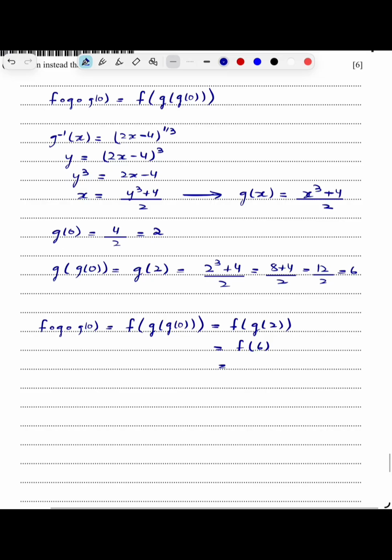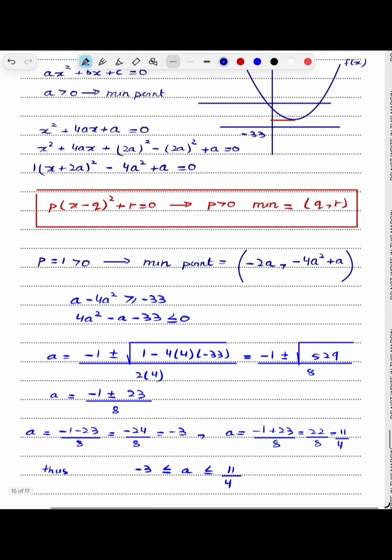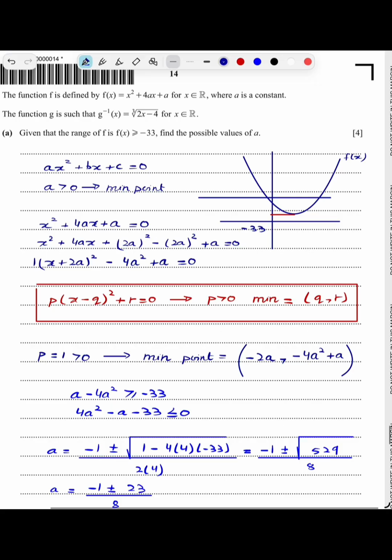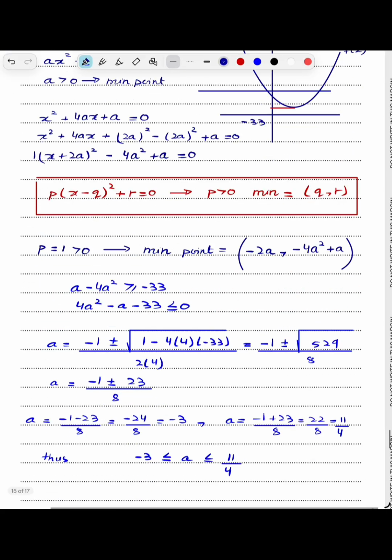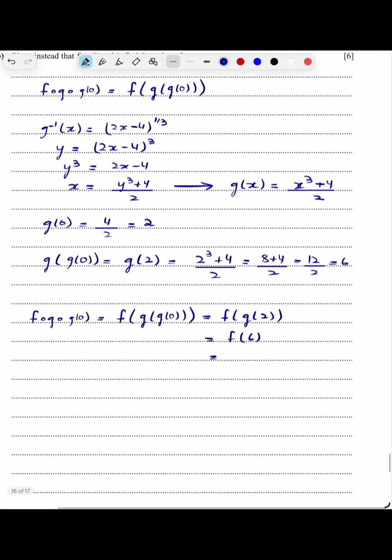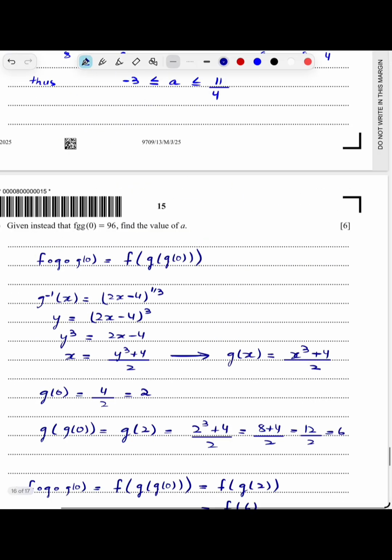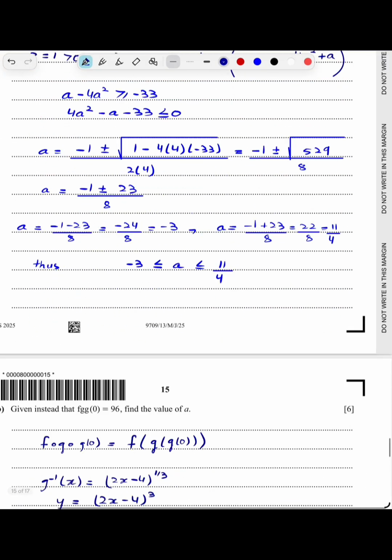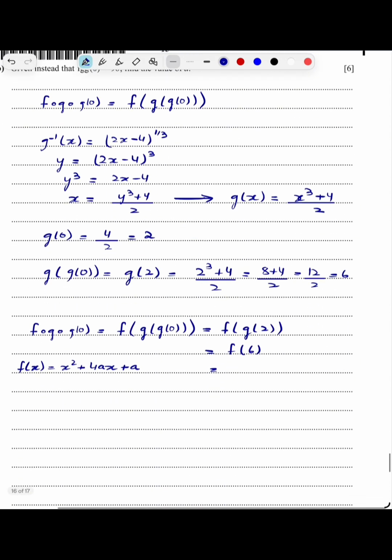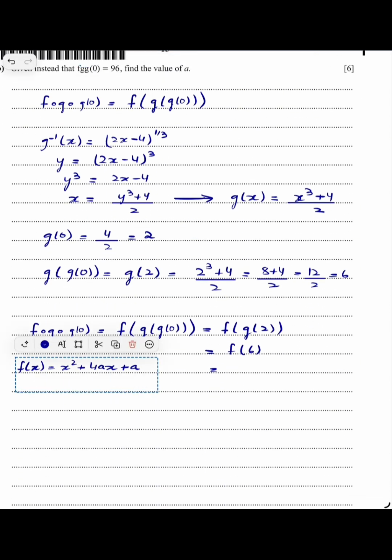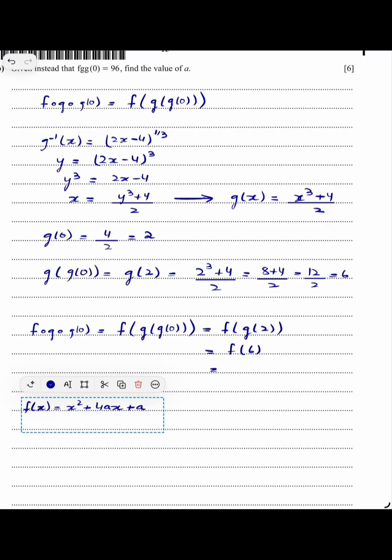I forgot the function. One second. x squared plus 4ax plus a. Let me just write this down here. The function is equal to x squared plus 4ax plus a, right? So inside this we have to put 6.